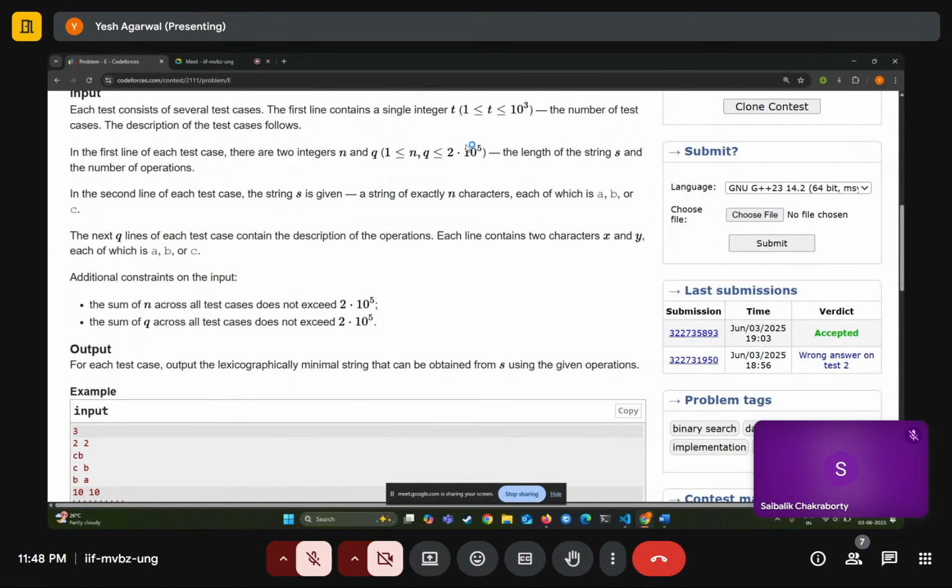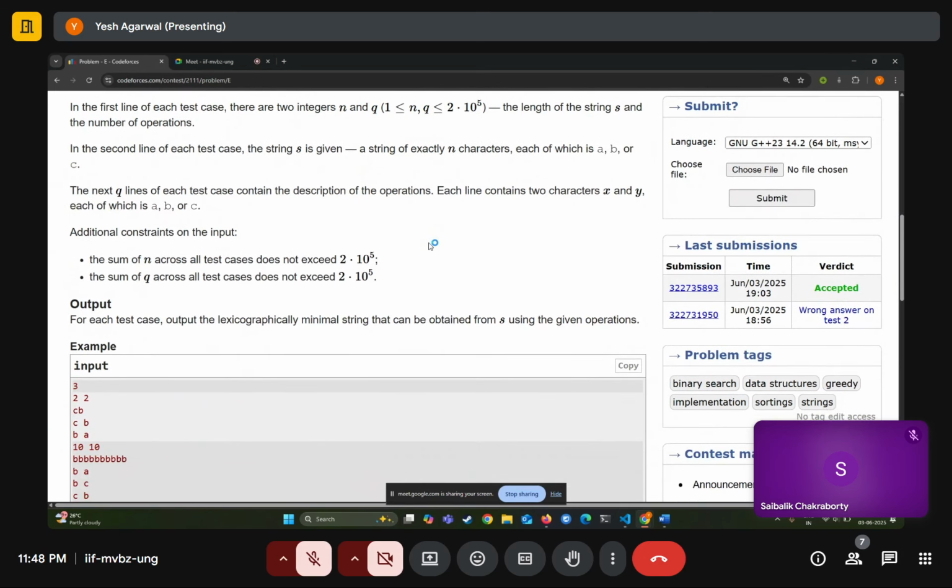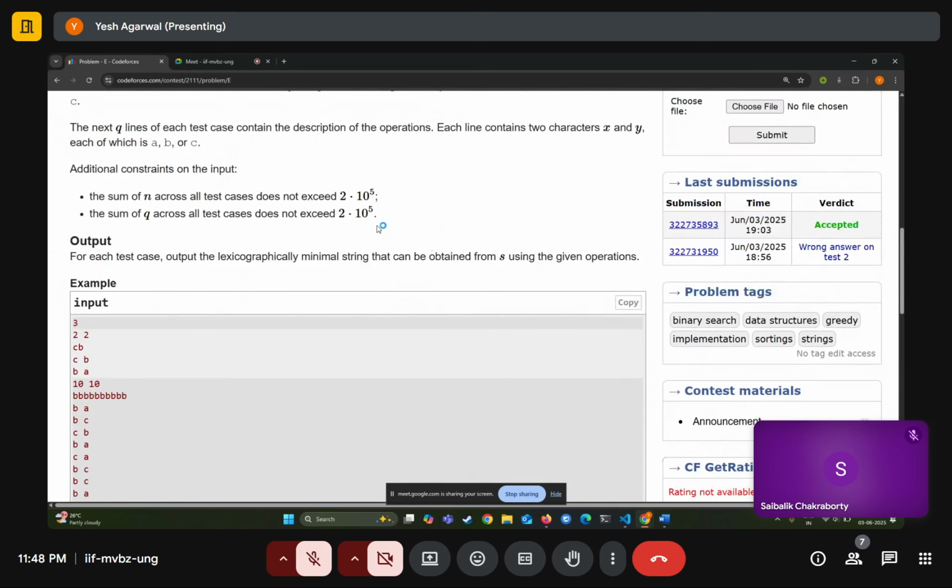The number of test cases is 10 to the power 3, the number of queries is 2 into 10 to the power 5, and n is also 2 into 10 to the power 5. You have to make it lexicographically smallest. You are also given an additional constraint that the summation of n over all the test cases will not exceed 2 into 10 to the power 5, and the same goes for q.